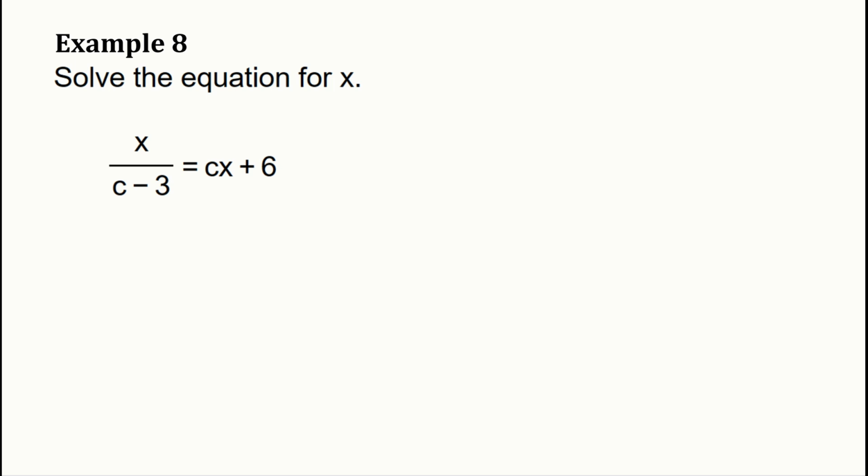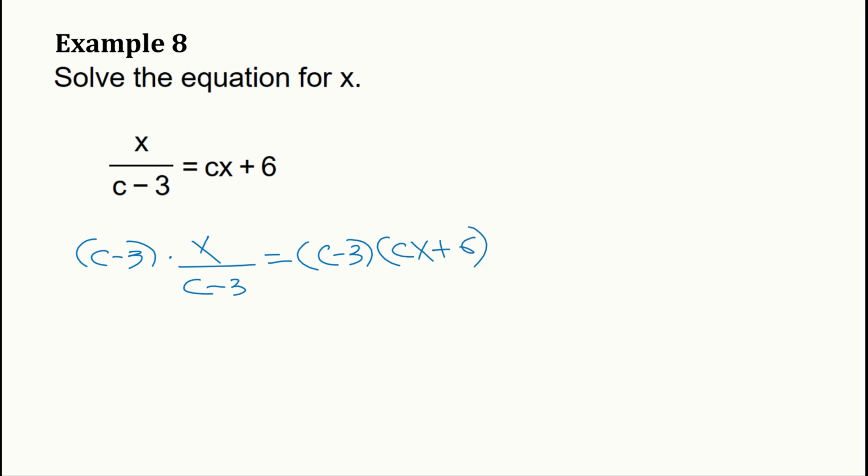Okay, in this example, we want to solve this equation for x. And since we have a fractional situation, we'll go ahead and clear the fraction by multiplying both sides by c minus 3. So we get quantity c minus 3 times x over c minus 3 equals quantity c minus 3 times quantity cx plus 6.